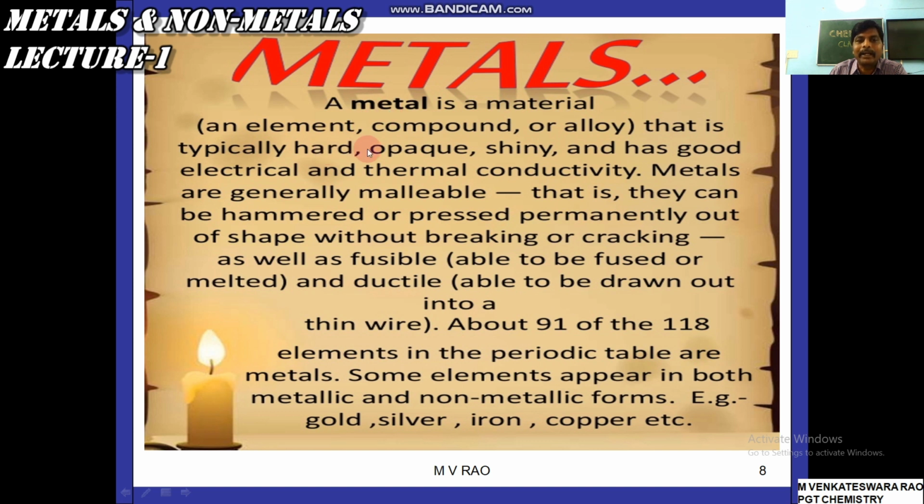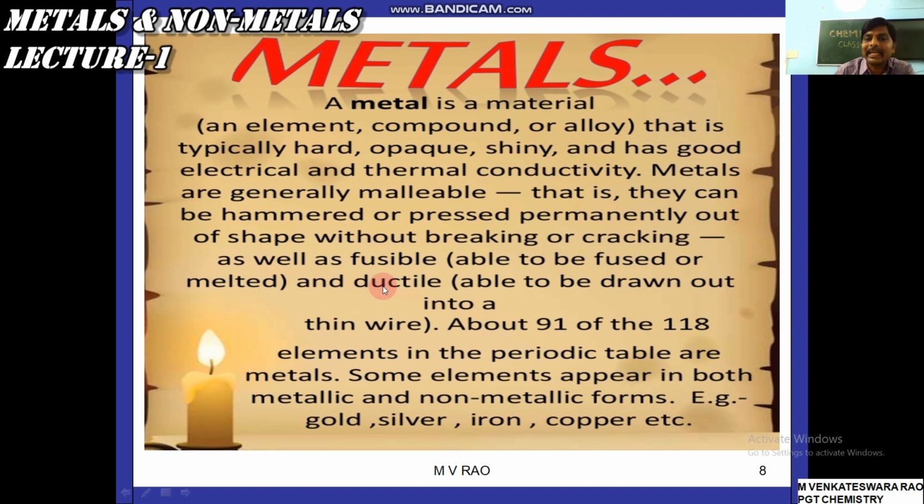Metals are hard, opaque, shiny, and have good electrical and thermal conductivity. Metals are generally malleable. What is malleable? They can be hammered or pressed permanently out of shape without breaking or cracking, as well as fusible, that means able to be fused or melted, and ductile.